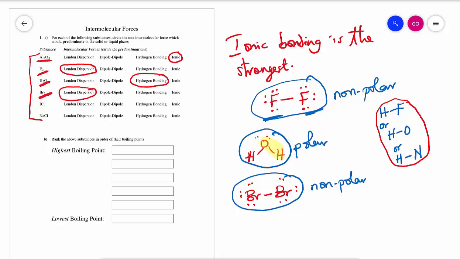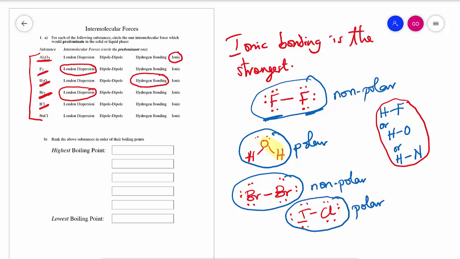Let us move on to the next one, ICl. If you draw the Lewis structure, it looks like this. The next question, is this compound polar or not? This compound is a polar substance.